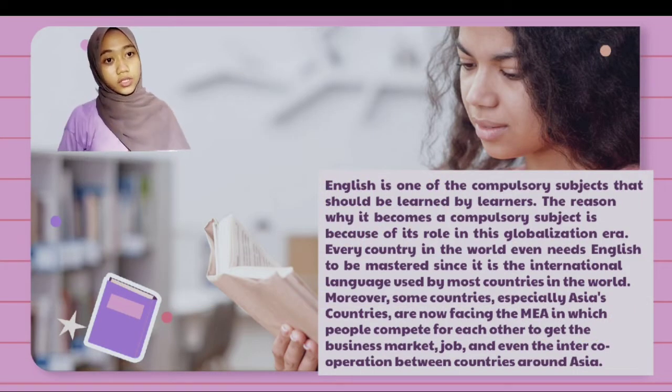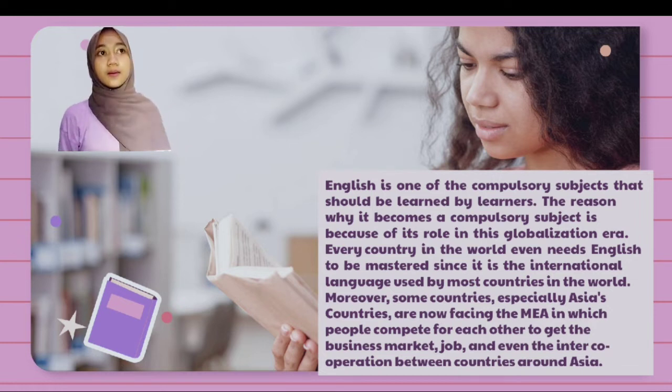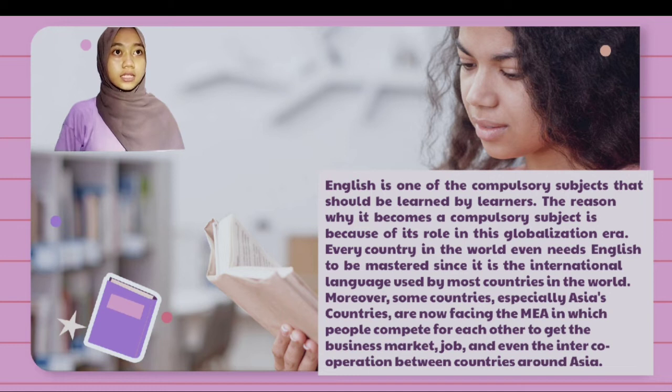At this first slide, I'm going to talk to you about the problem. English is one of the compulsory subjects that should be learned by learners. The reason it becomes a compulsory subject is because of its role in this globalization era.